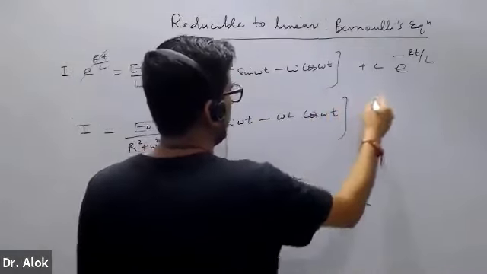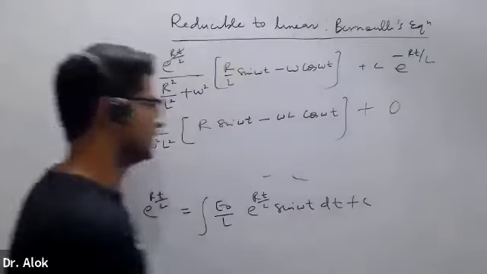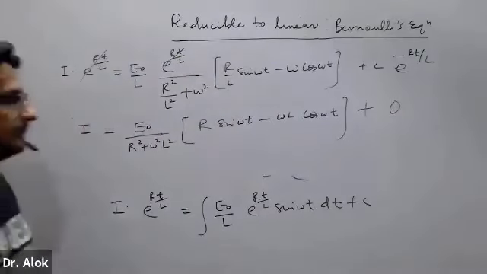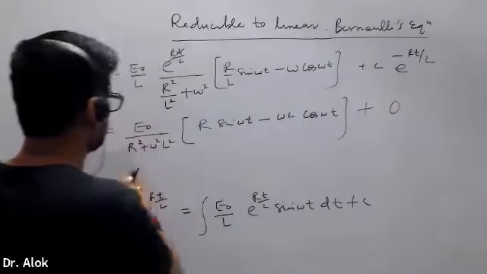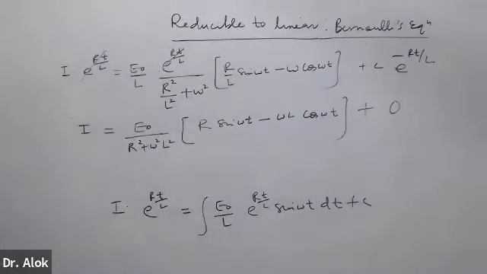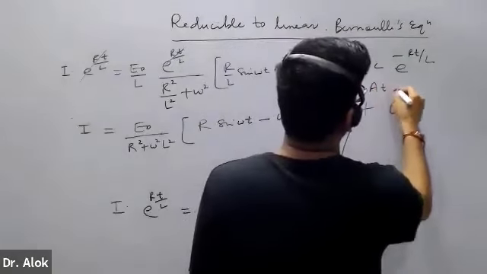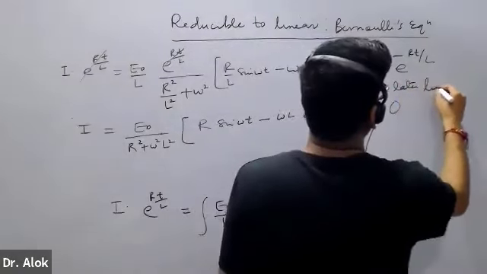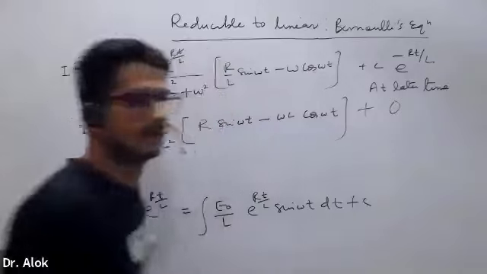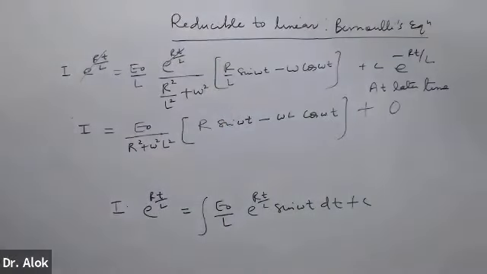And let me see at a later time, so this will become 0. Okay, सर एल भी तो आएगा sorry. E naught L multiply हो गया. So at a later time I am seeing this term will also become 0. Clear hai?